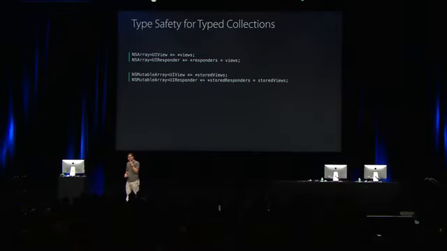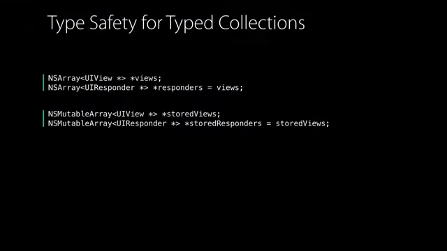Let's do the same thing with the mutable variant. So we take the stored mutable array of views, assign it over to this stored mutable array of responders. There's a trap here. The trap, of course, is I can go ahead and mutate my stored responders, put something in there that's a responder but not a view.